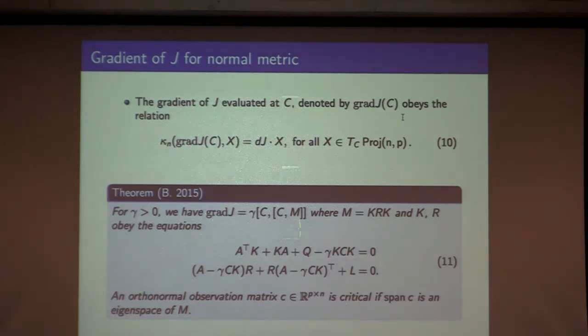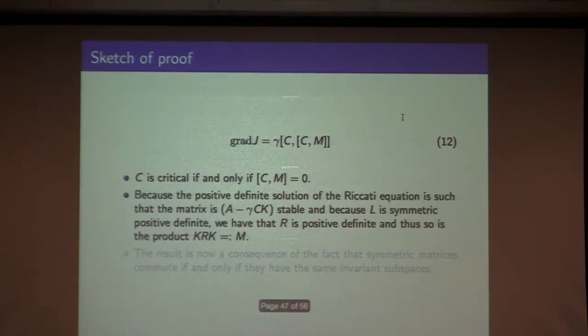The other conclusion here is that an orthonormal observation matrix is critical if the span of C is an eigenspace of M. That's something I told you at the very beginning, and it's now an easy consequence of this general form of the gradient flow. Why is that? In order to be a critical point, we need this product here to be 0. This is 0 if and only if C and M commute.